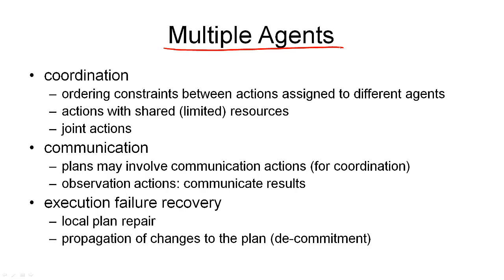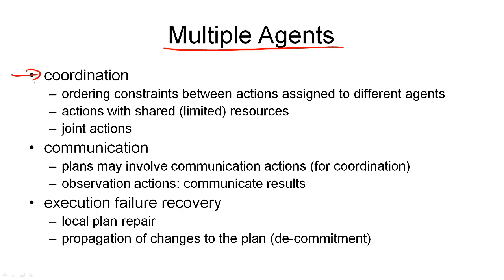One of the problems is that if we have multiple agents execute the actions in a plan, then these actions need to be coordinated between the different agents. As a simple example, remember that our plans contained ordering constraints between different actions.